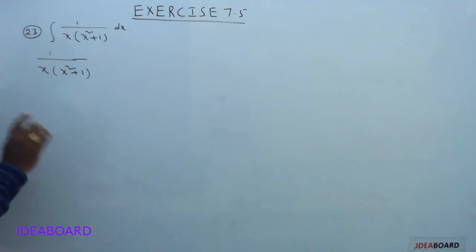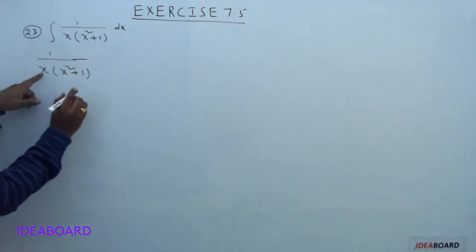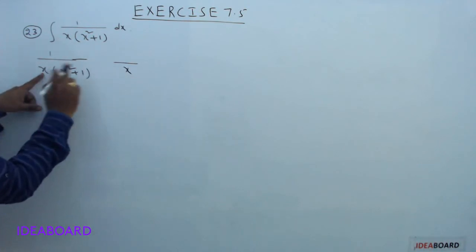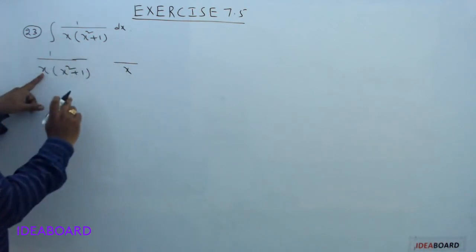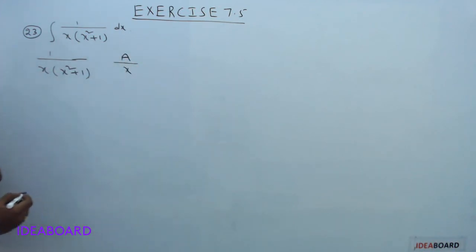Now, in the denominator, first close x square plus 1, then it is a non-repeated linear factor. Corresponding to every non-repeated linear factor, there exists a constant term in its numerator. Take that constant term as a. Now, this part is over.